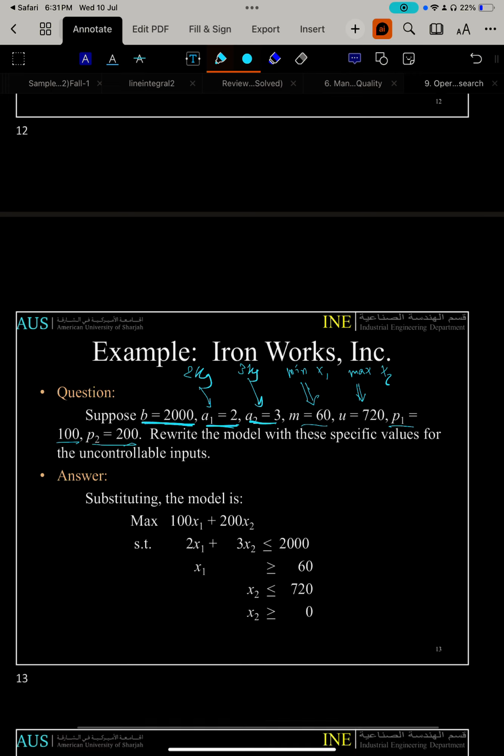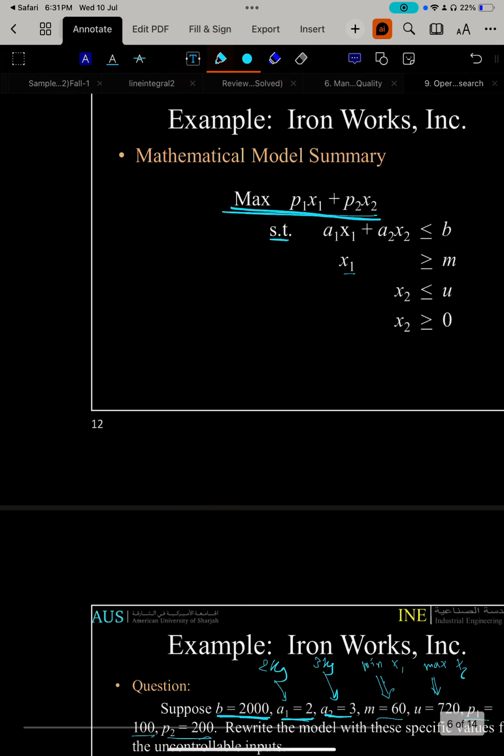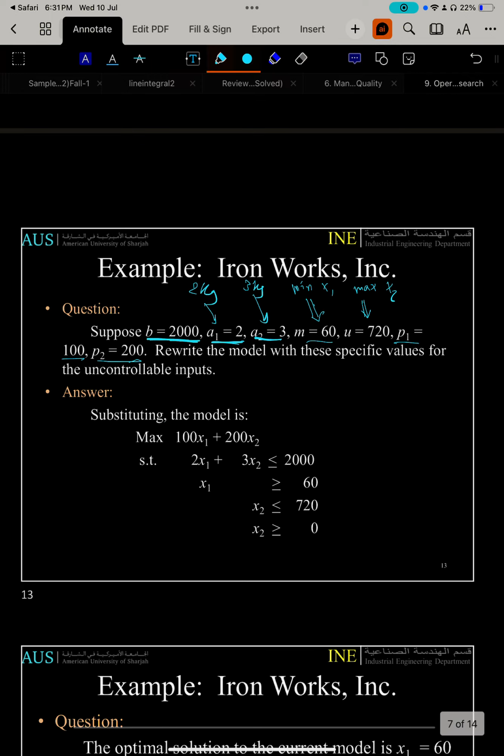We need to write this model for these specific values of the uncontrolled inputs, so we can just plug in the numbers into the model. So P1 x1 plus P2 x2, where P1 is 100, and x1 is the value that we want to find. We need to make sure our constraints are also met.